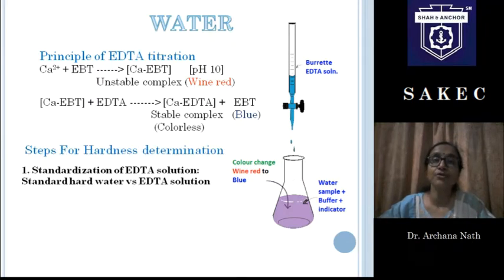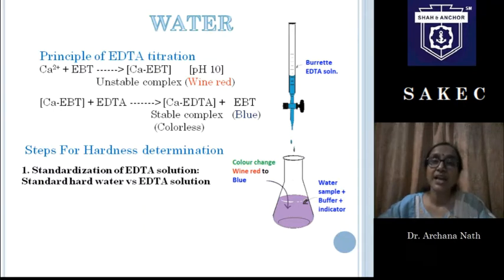So we have to do 3 steps to find out hardness. We will find total hardness, and we can also find permanent hardness and temporary hardness by the EDTA method. There are 3 steps for this total hardness calculation. The first step is standardization of EDTA solution.